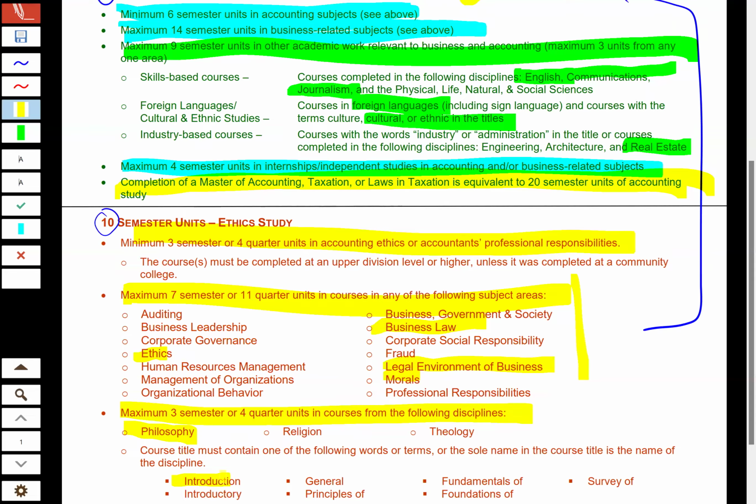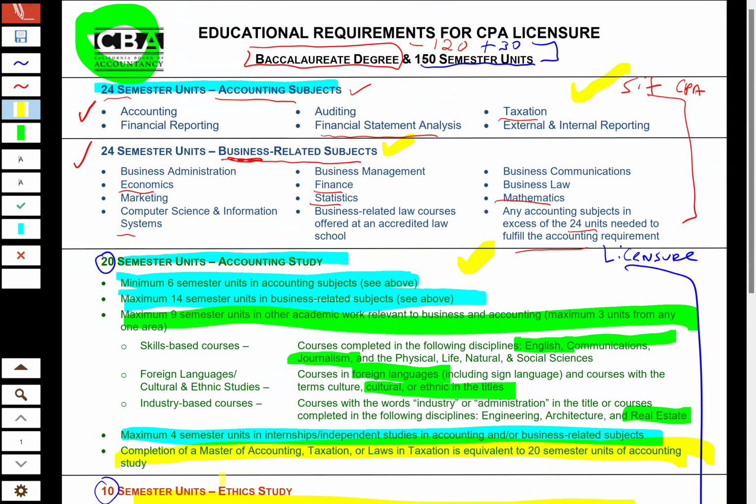Okay, so that's the requirements to get the license. Okay, in order to sit for the CPA exam, bachelor's degree. So many students will go to, say, a state university and get 120 units for their bachelor's degree. For example, maybe they get a business degree and there's concentration in accounting.